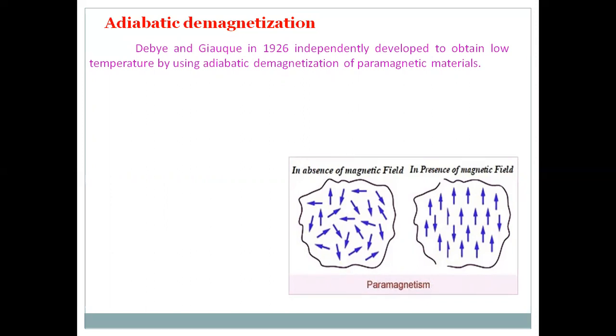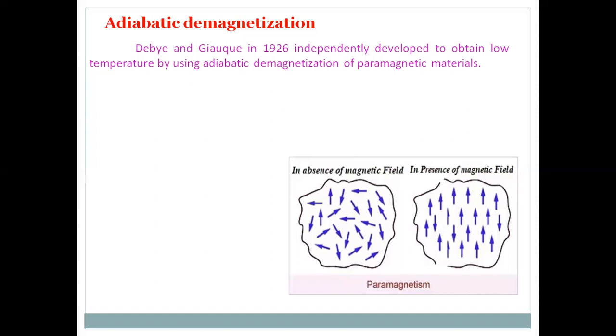Diamagnetic materials oppose the lines of force, which repels the lines of force. And third is paramagnetic materials. This is also just like ferromagnetic material, but its strength is very less. When these paramagnetic materials are adiabatically demagnetized, we can obtain very low temperatures, nearly 0 Kelvin.